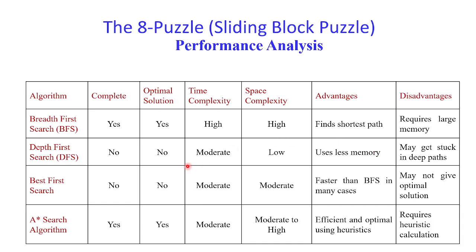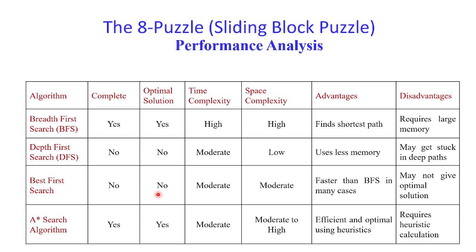So when you talk about best first search, it uses the heuristics to explore the next state. Is it complete? No. It can be misled by a bad heuristic. Is it optimal?